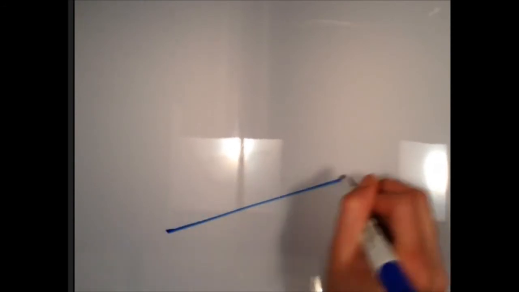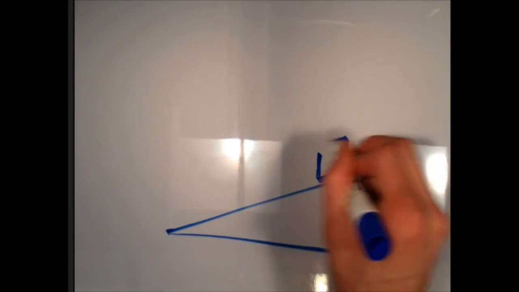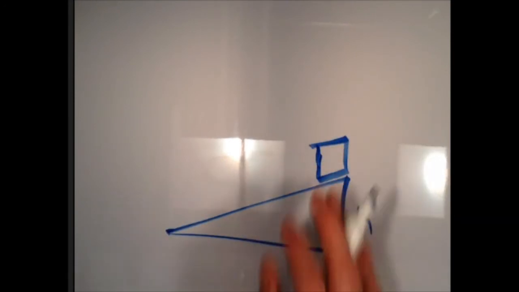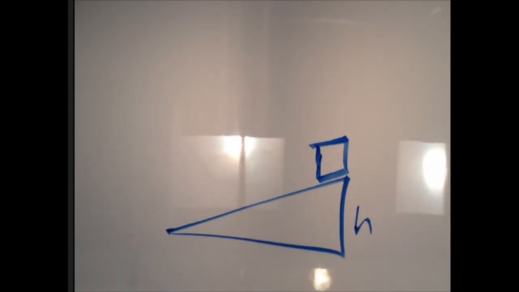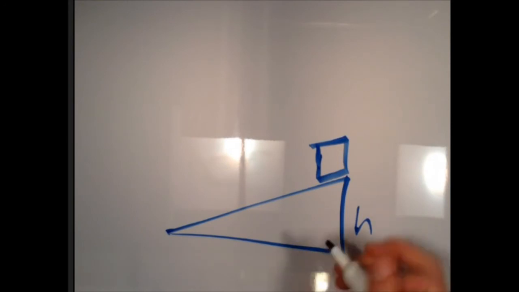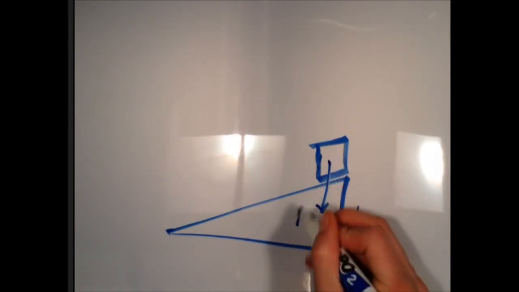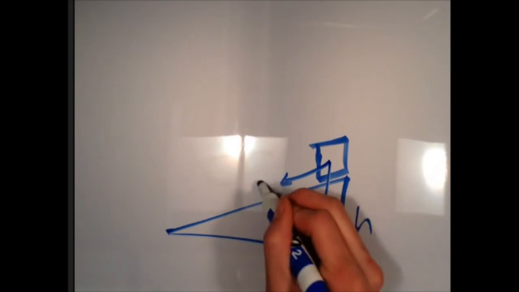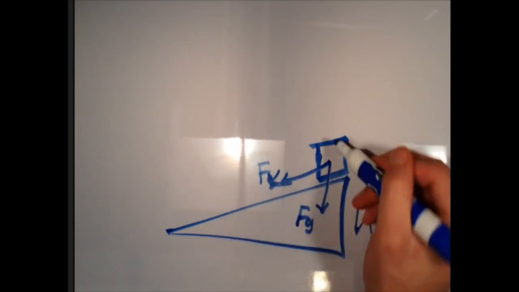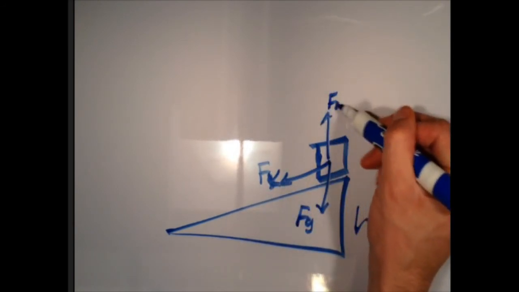Okay, I want to talk to you about your first problem in the take-home test. Your goal is to figure out the minimum height so that your block will just reach the tippy top, but remember that there is friction present on this block as it's sliding up. Fk, and then Fn.